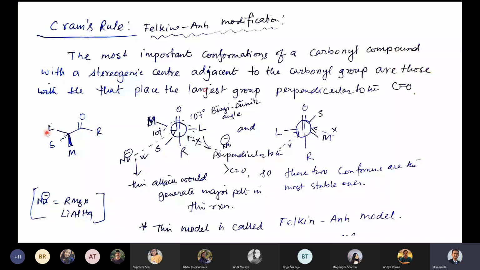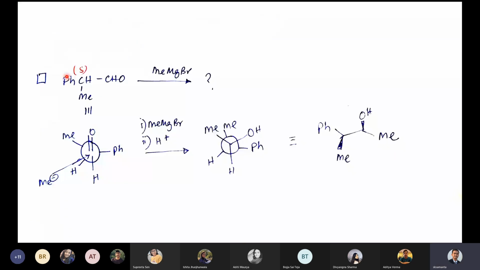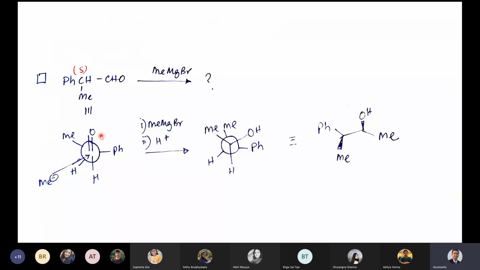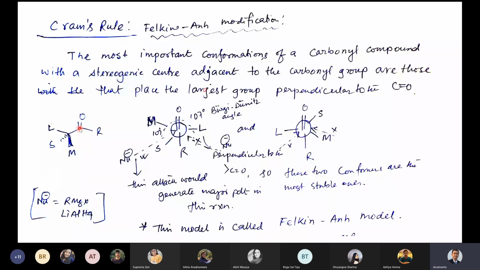Here you have phenyl, methyl, and hydrogen, like so, this is the L, M, S. So this is your phenyl, that is the L, methyl, that is the medium, and hydrogen, that is the S. Then this is your C=O, and what is there? CHO. So this R is H, but this carbon center is your number 1 priority. Correct? This is your number 1 priority, this is your number 2 priority, this is your number 3 priority. So A to B to C is anticlockwise. So this is an S carbon center. Got it?